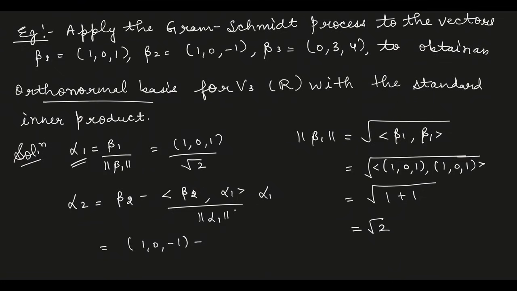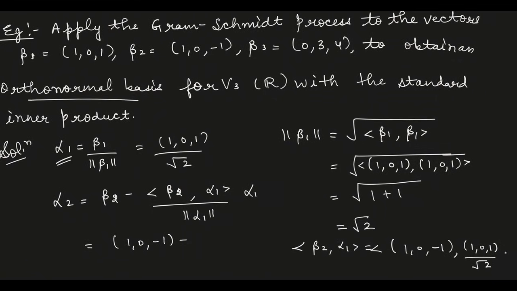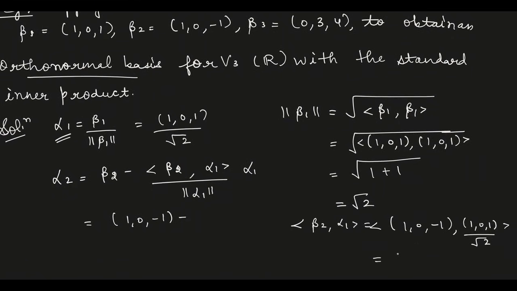So the beta 2 alpha 1 inner product will be, beta 2 was 10 minus 1 and alpha 1 is 101 by root 2. So 1 by root 2 minus 1 by root 2, yes, 0.